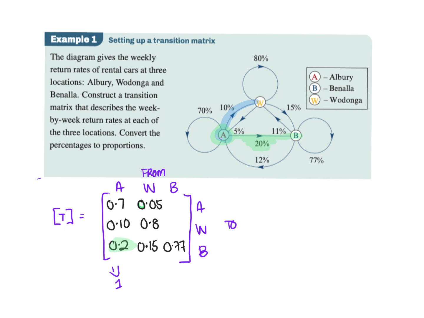Yep, it does. Okay, now I've got to fill in the rest. Benalla, B to A was 12%, so 0.12. Then I'm already up to 0.89, so I should have 11% from B to W. And is that correct? Yes.